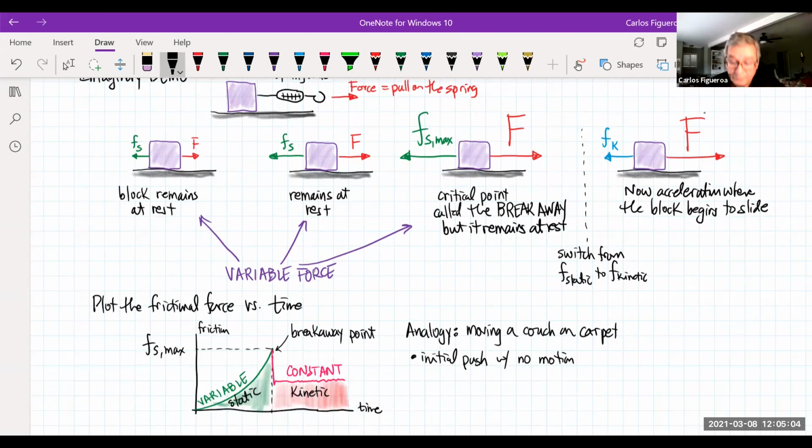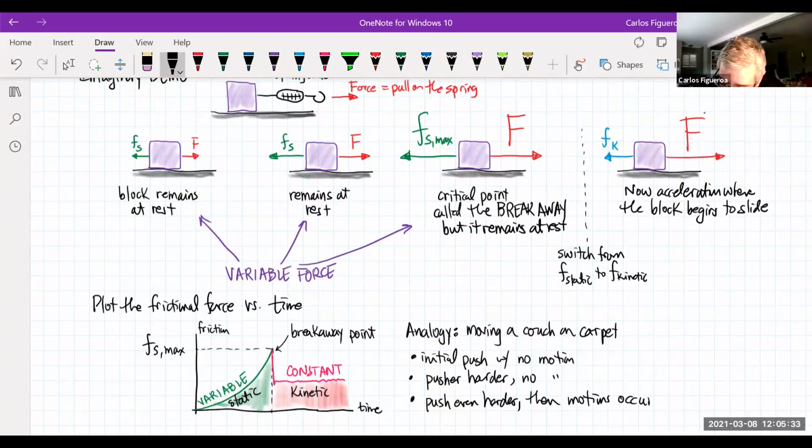You then push harder and you still have no motion. But when you push even harder, then motion occurs. So that means you're at the breakaway point.